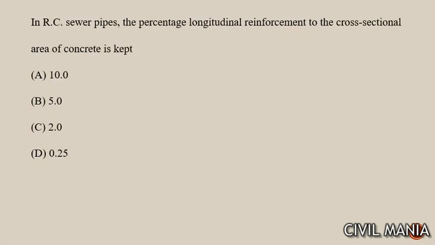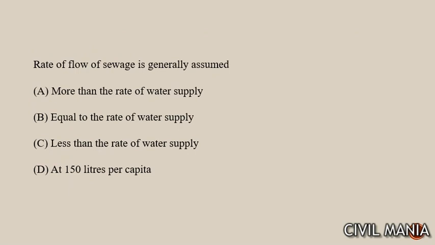In RCC sewer pipes, the percentage of longitudinal reinforcement to the cross-sectional area of concrete is kept as 0.25. Next question is, rate of flow of sewage is generally assumed at 150 liters per capita.